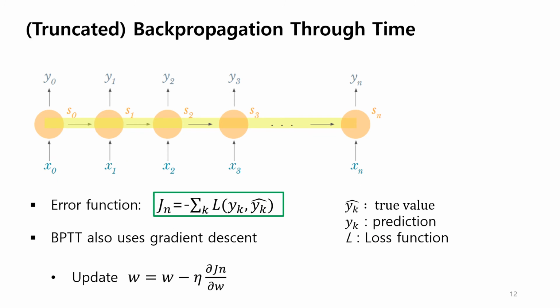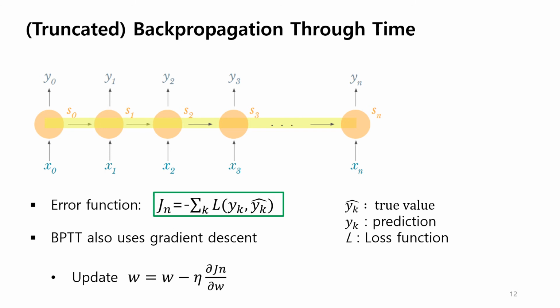This slide explains why the vanishing gradient problem happens in the backpropagation through time algorithm. So let's say we have an RNN. These are time steps: time step 0, 1, 2, and so on up to time step n, right? These are outputs, these are inputs, okay? In RNN, we define an error in each time step.